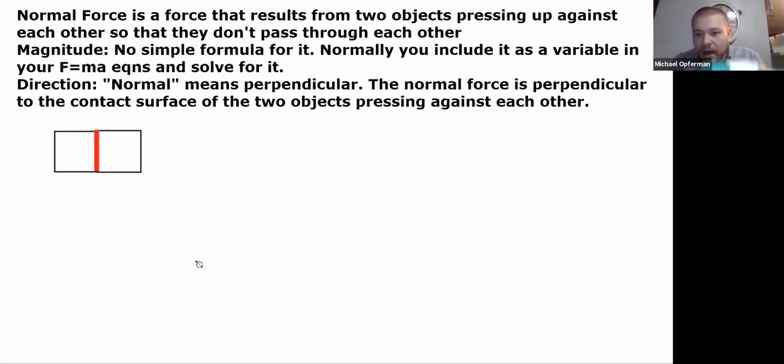So you can see there, when I push the blocks like this, the contact surface here is vertical. Since the contact surface is vertical, that means that the force is going to be horizontal. So the normal force, of course, exists as a third law pair, like all forces. It's going to be repulsive, and it's going to be perpendicular to the interface between the two objects. So in this case, the normal force would look something like that. It would be a force pushing outwards on the two objects, pushing this guy to this side and pushing this guy to that side.